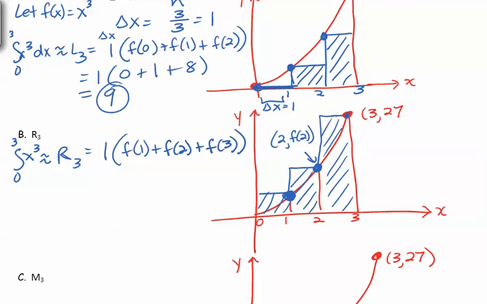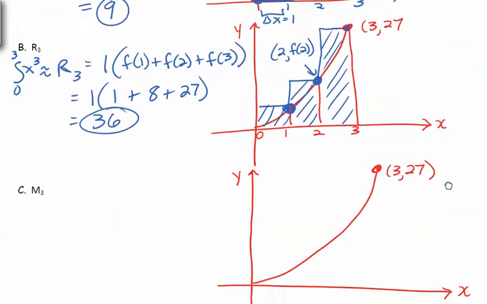So it's really where you start and where you finish. You'll see that is the only difference between these. So f of 1 is our 1 cubed. f of 2 is 2 cubed, which is 8. And f of 3 is 3 cubed, which is 27. So I think we can add this up and come up with an area of 36. And we know that, visualizing it, that's clearly an overestimate.